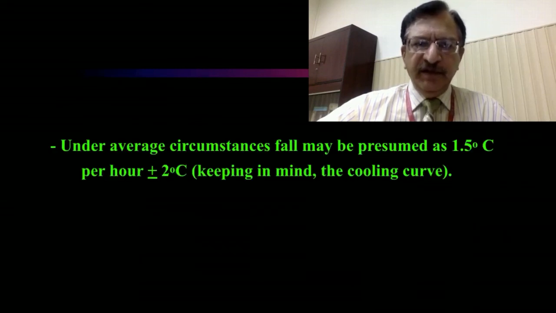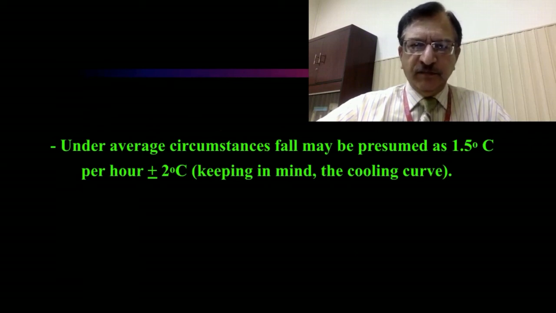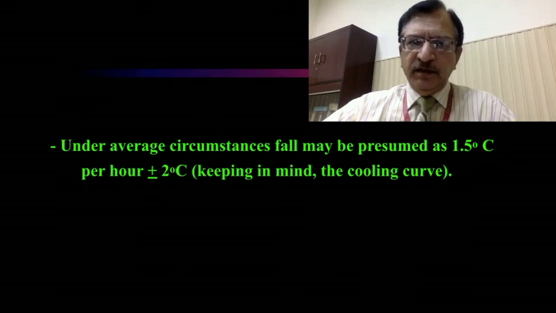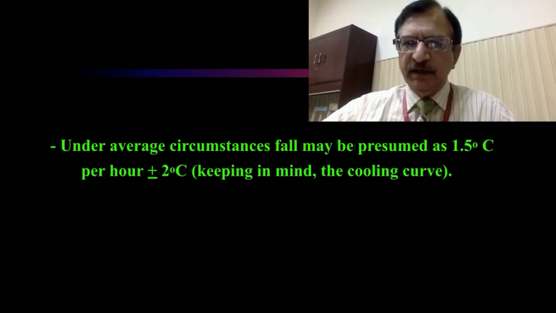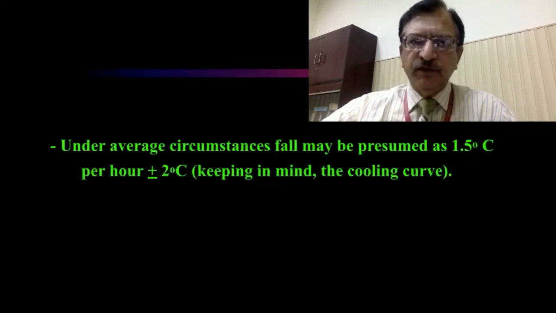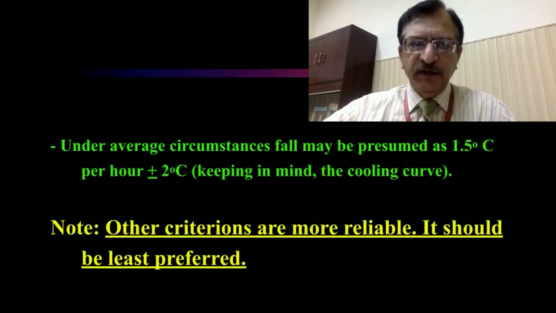Under average circumstances, it has been seen that the fall is 1.5 degrees Celsius per hour, plus minus 2 degrees Celsius, keeping in mind the cooling curve. This is the average estimation which the fall of temperature gives us, and helps us in estimation.